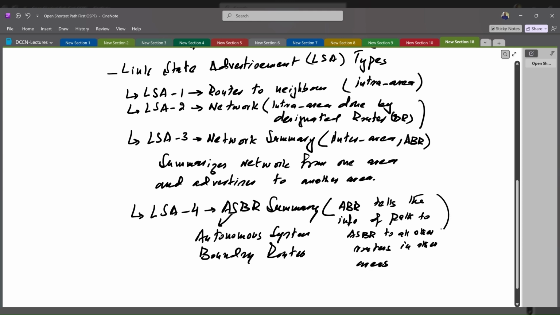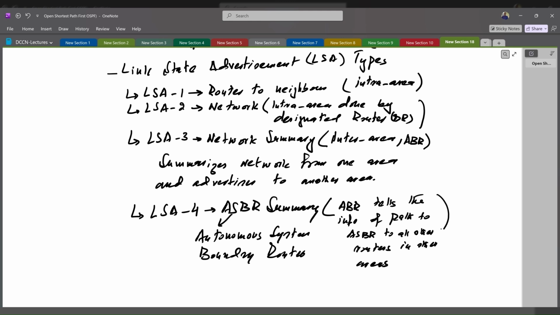Okay, so दोबारा से देख लिए. LSA 1 is a simple routing update that a router sends to its neighbors. LSA 2 is a network wide update. It's again intra area, where a designated router sends the information of all the routers to the routers in the network. In LSA 1, I only know about my neighbors, but in LSA 2, I know about all the routers in the area.